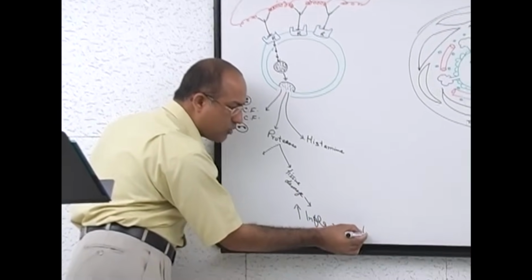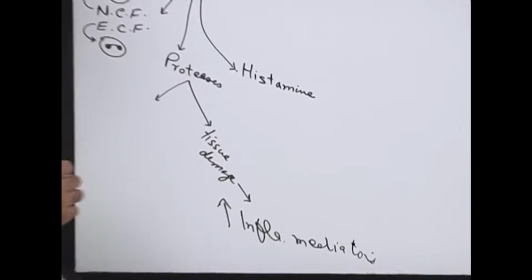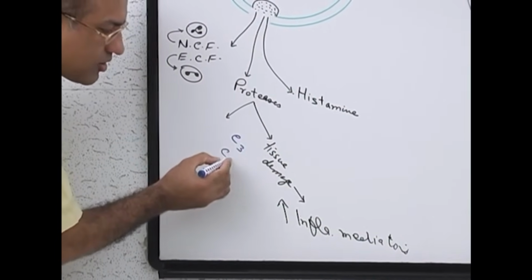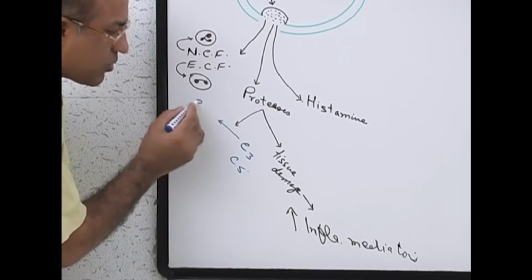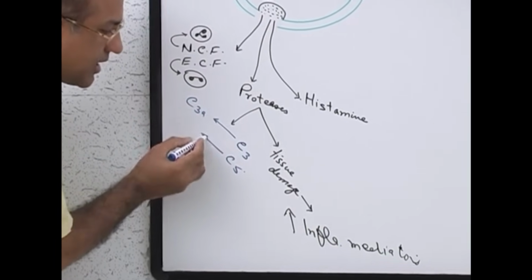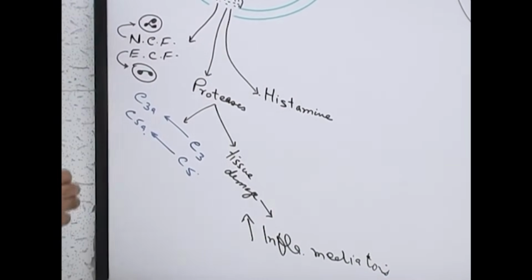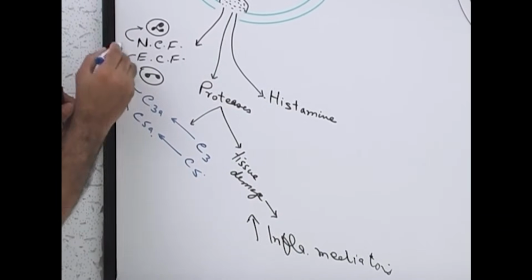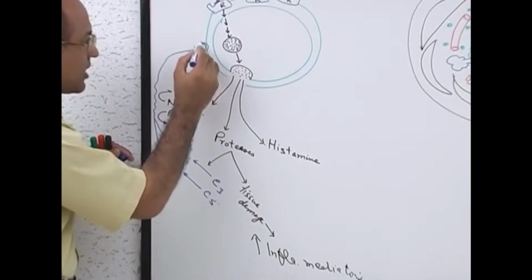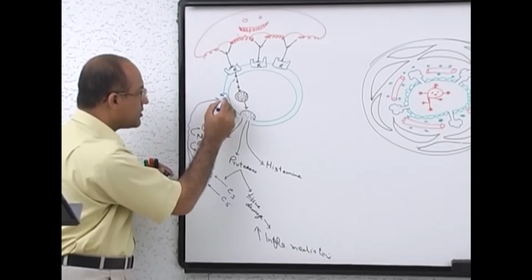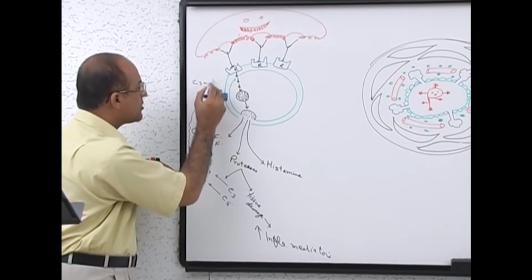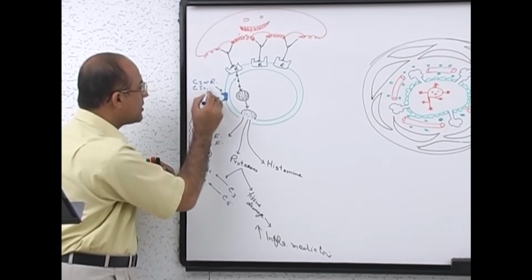Number two, proteases will convert some complement like C3 or C5, and C3a will be generated and C5a will be generated. C3a and C5a do have receptors on the mast cell. These are the receptors for C3a and C5a.